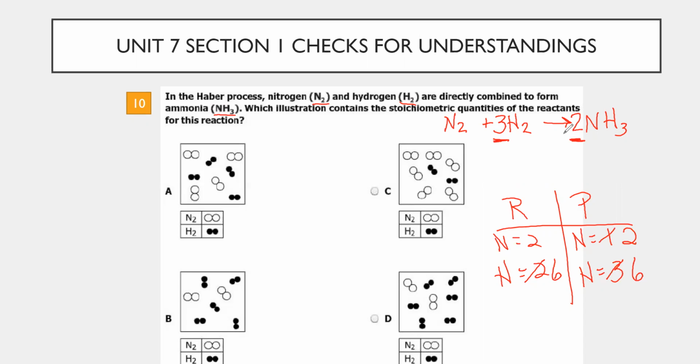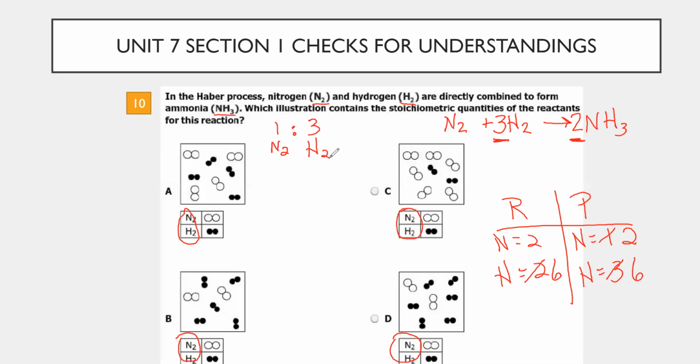All right, so what are we looking at? For every one of these, they're giving you just the N2s and the H2s. So let's look at a ratio. For every one N2, you're going to end up with 3 H2s. So do you see something that gives you that? I don't see anything in there.